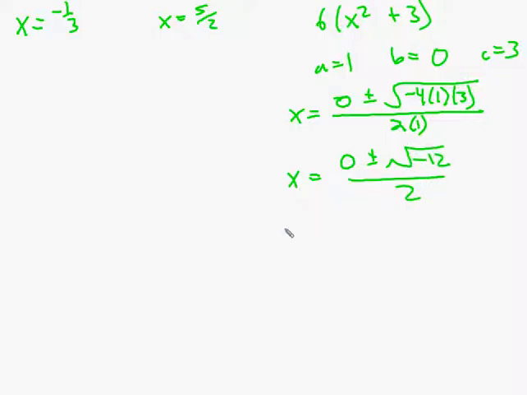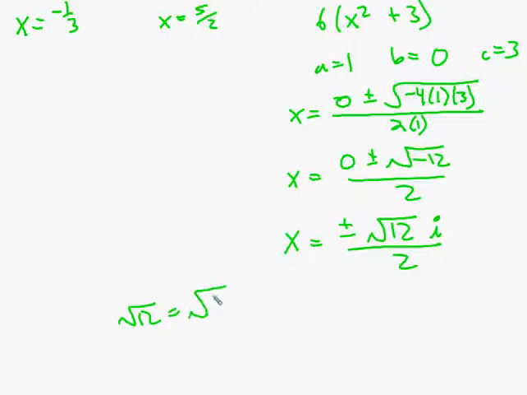Do you remember how to deal with that negative 12? I put an i instead of the negative, but I'm not even done yet. That root 12 can simplify to 2 squared times 3. The square root of 2 squared is 2, so 2 root 3, with an i.